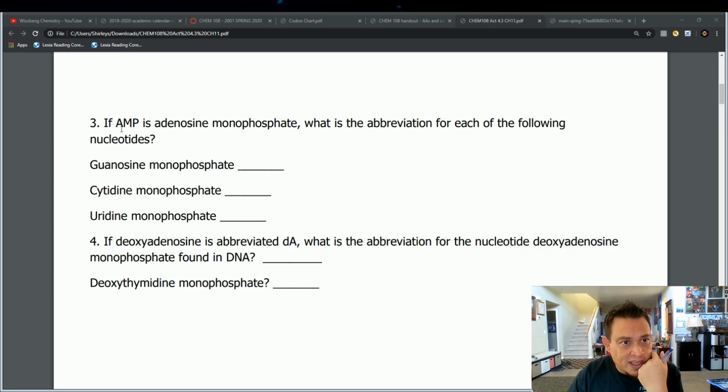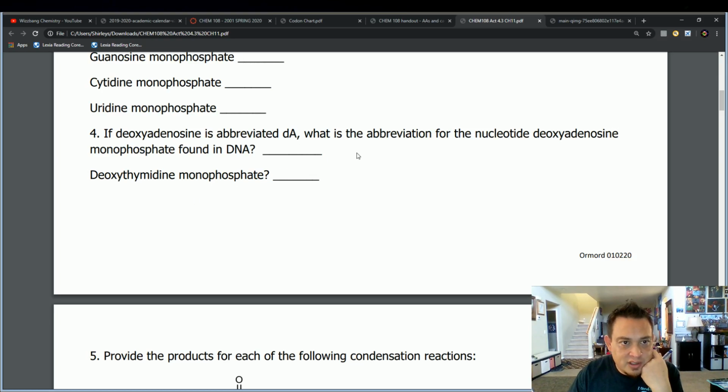So it's going to be AMP for the one we just did, and then GMP, CMP, UMP. If you have the deoxy version, you add a lowercase d in front. So putting this last one together, it's deoxythymidine. Thymine is part of it. So this would be dTMP.